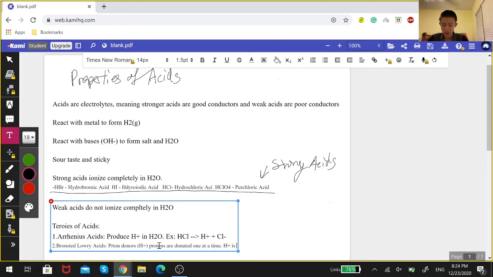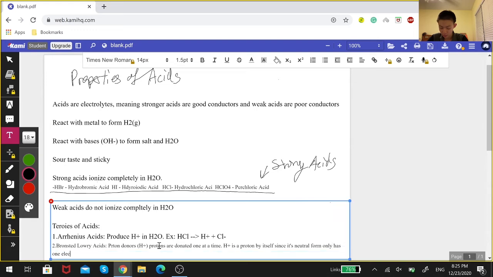H plus is a proton by itself, since its neutral form only has one electron. Now, in its ion form, it no longer has its electron, meaning it's pretty much a proton sitting by itself.